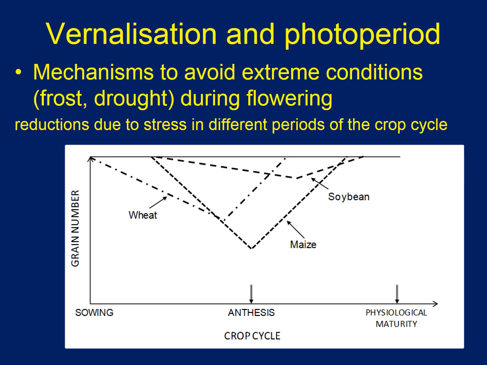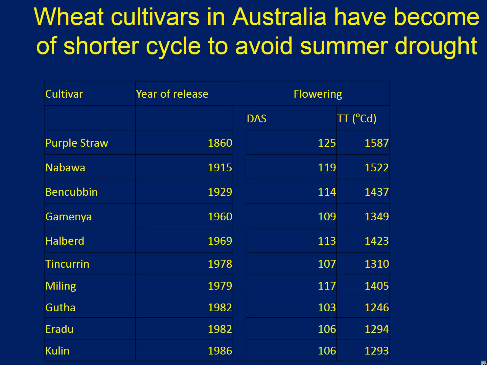That can be achieved by using shorter cultivars, and in this example, in this table, we see the thermal time to flowering for different wheat cultivars in Australia from the late 1800s to the end of the 20th century.